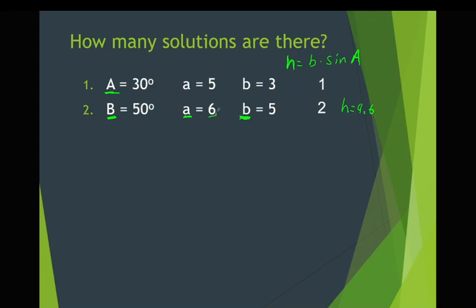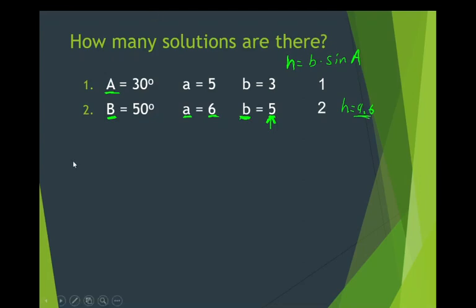So is this bigger than the height? Yes, barely, but it is bigger than the height, which means this is in between 6 and 4.6, and that's why we have 2 cases. Okay? All right, the next one.